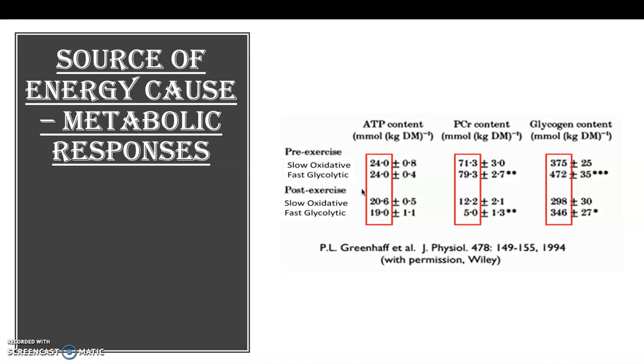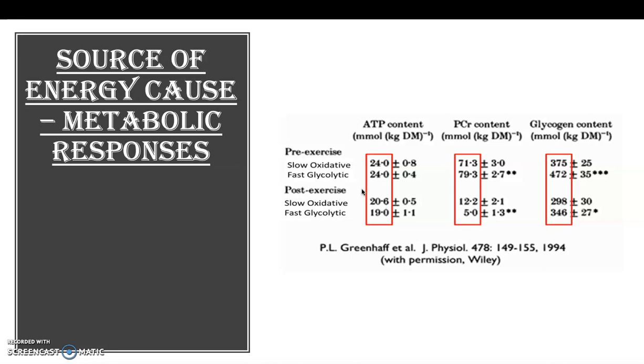If we then compare this to the PC content, we can observe that the values drop from 79.3 to 5, and the glycogen content from 472 to 346 in the fast glycolytic fibres.